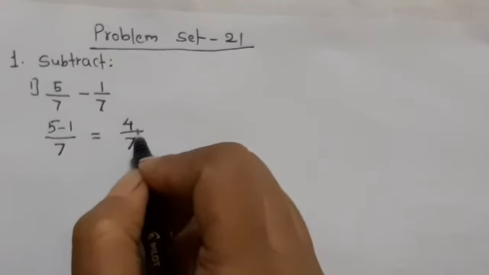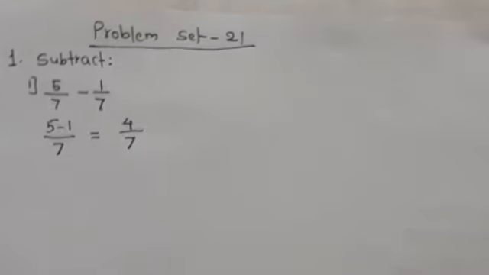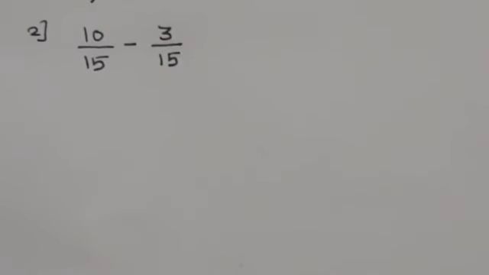So the answer is 4 by 7 or 4 upon 7. Subtract 3 upon 15 from 10 upon 15. If you observe both the fractions, you notice that both are like fractions. When subtracting a fraction from another like fraction, what we do?